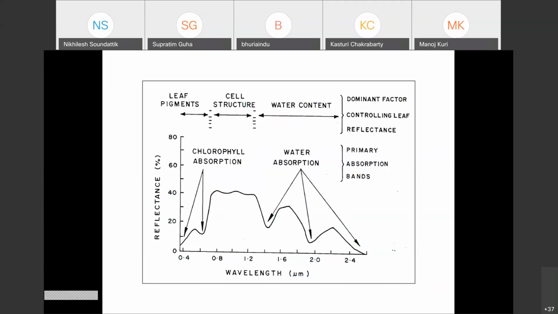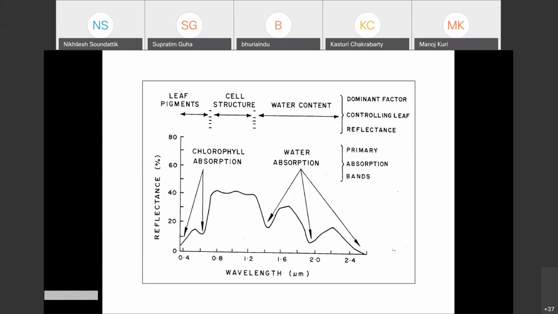Here we see little reflectance in the green region, and when we move towards the infrared region, we see a peak in the curve, and this peak is due to the infrared reflectance.